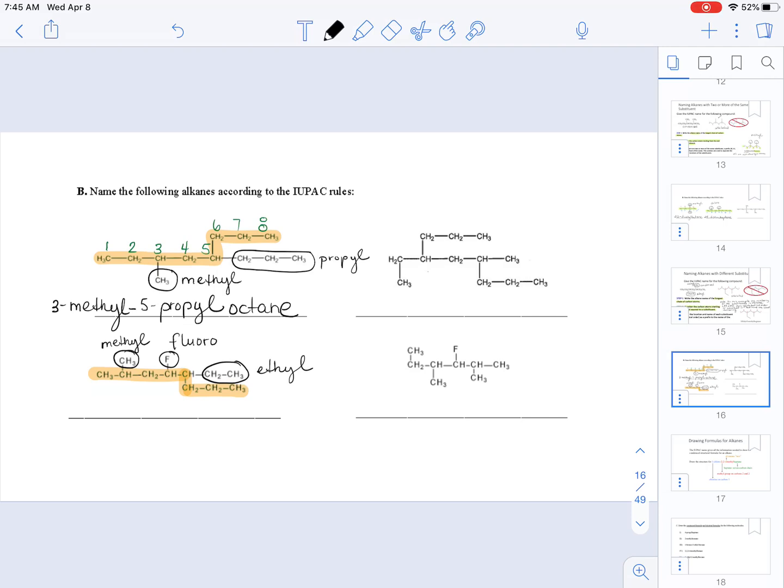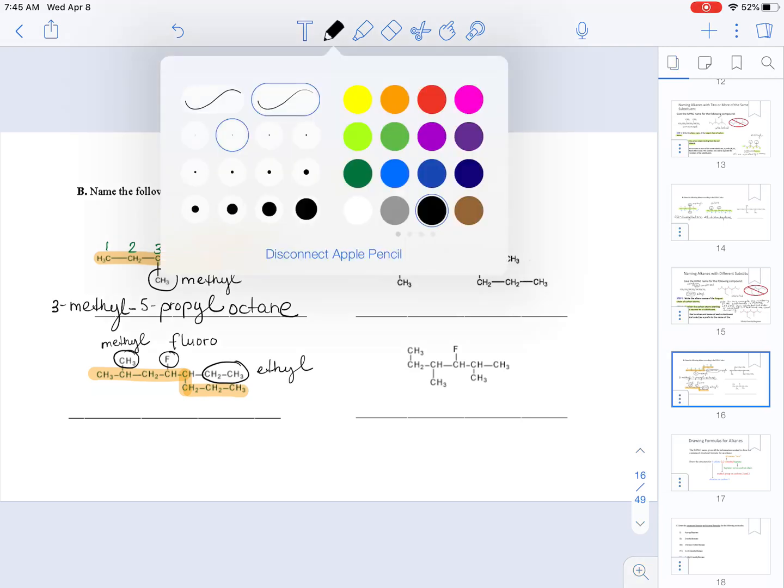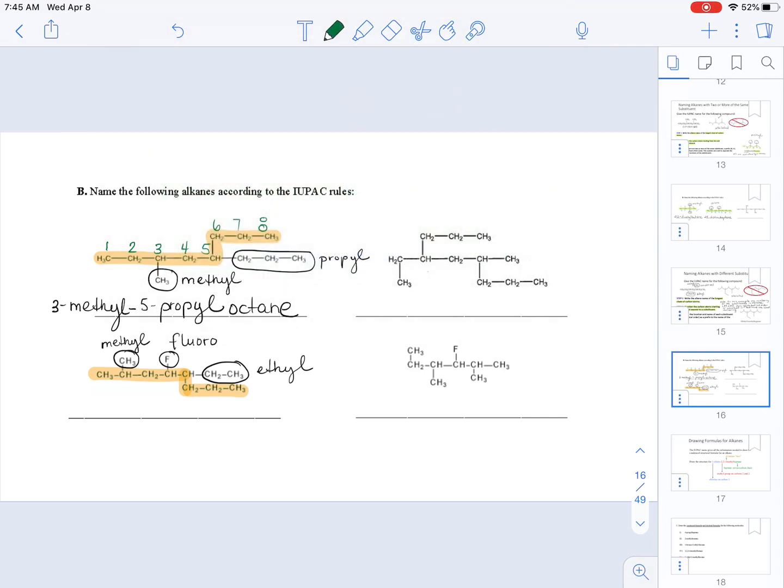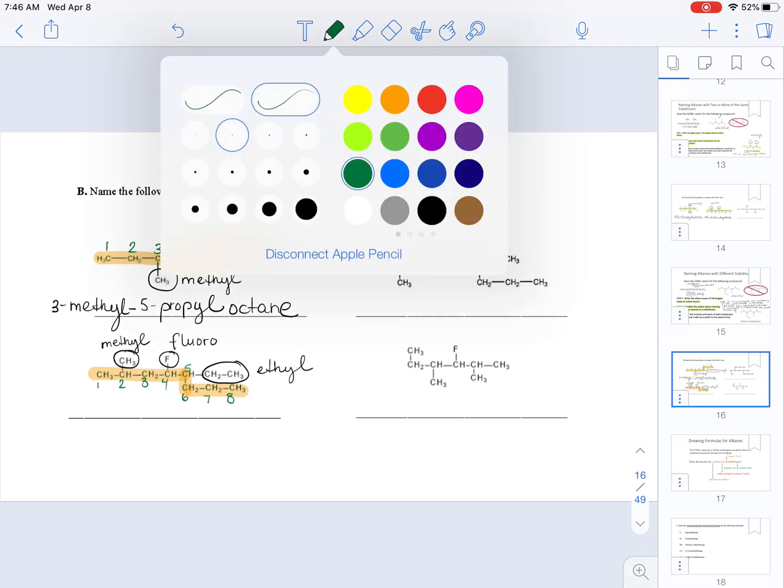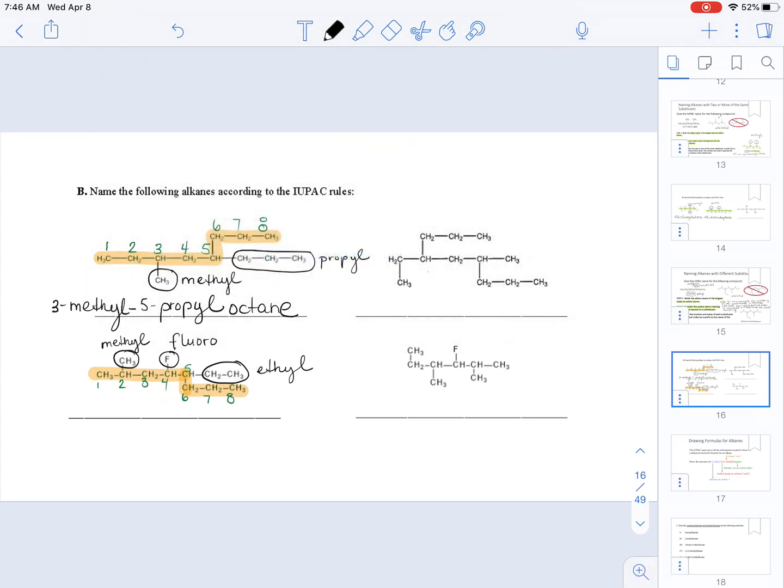Now we're going to proceed to number this longest carbon chain to give these substituents the lowest number. So in this case, we need to go 1, 2, 3, 4, 5, 6, 7, 8. For this molecule to write the name, remember, we're going to write last the longest carbon chain name, which is octane.